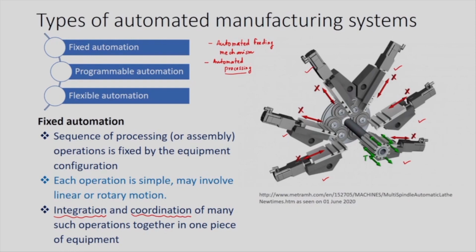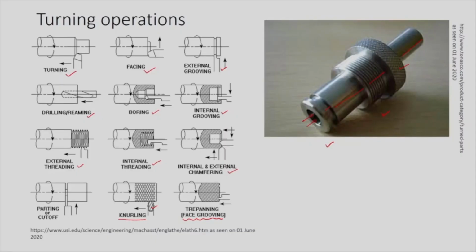So, automated processing is needed, and then automated unloading. So, feeding of the bar should be automated, then processing, and at the end the unloading. When all these operations are clubbed together, we can have a special purpose equipment which will cater to manufacture only one type of component.